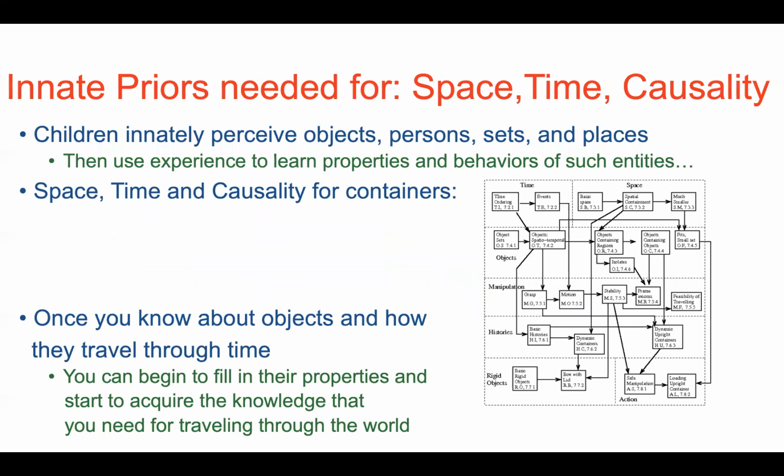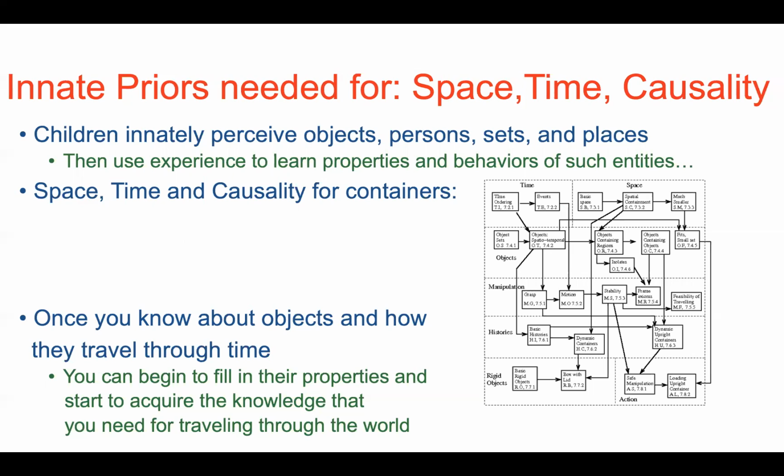So what are the innate priors needed? The innate priors needed are for space, time, and causality. Children innately perceive objects, persons, sets, and places, then use experience to learn properties and behaviors of such entities. So we're just always comparing with what could be the biological brain.